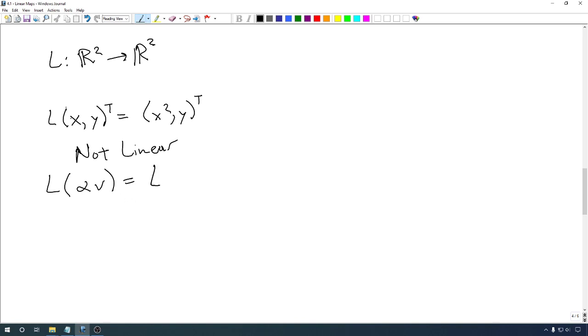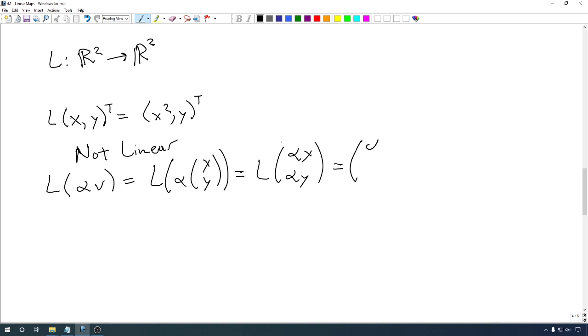So we're looking at alpha times (x, y), which is just (alpha x, alpha y). And then if we plug that into our function, we are going to get (alpha x squared, alpha y). Because we're just replacing the x here with alpha x, and we're replacing the y here with alpha y.